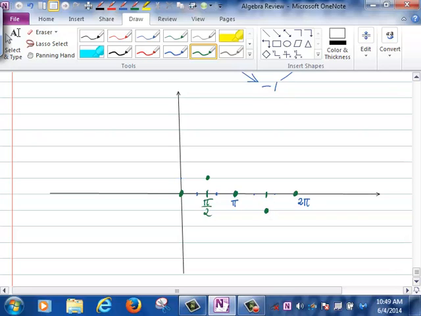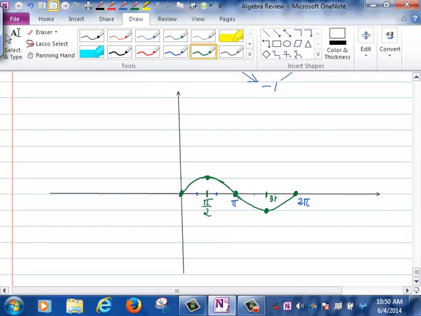So the graph of sine between 0 and 2 pi looks like this, which makes sense with our investigation: sine increases from 0 up to 1, then decreases to 0 at pi, then after pi it's decreasing to negative 1, and then increasing from negative 1 to 0. So it matches that.